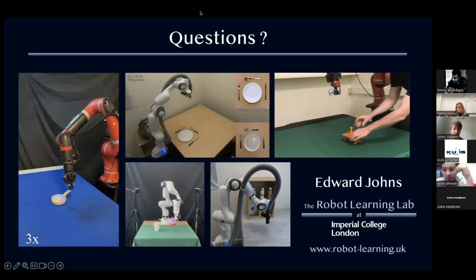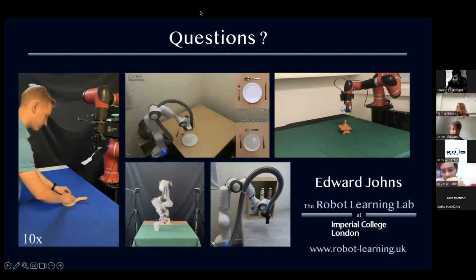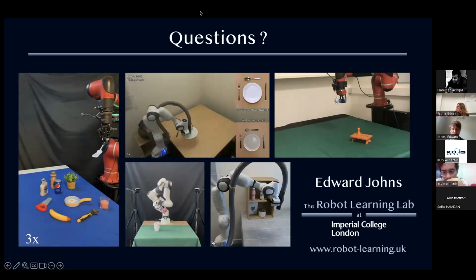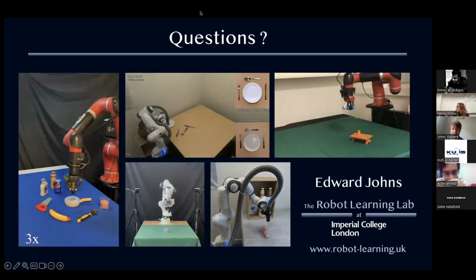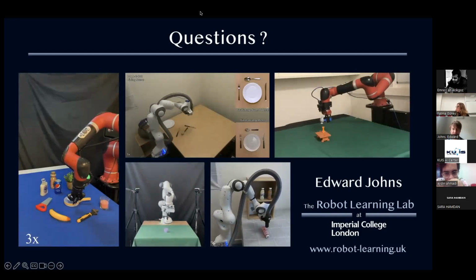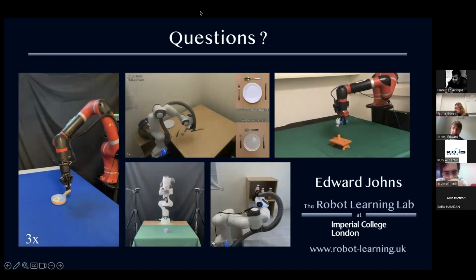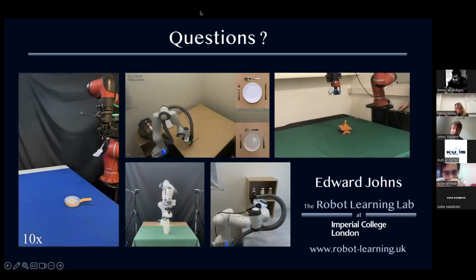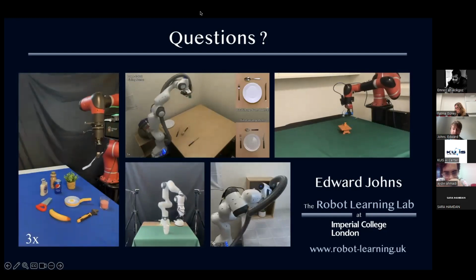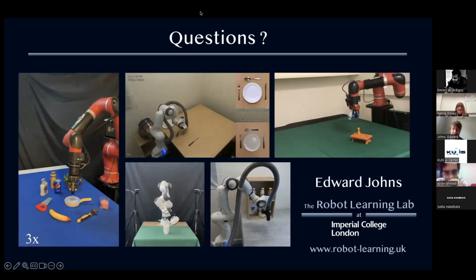So for example, let's look at the video on the left, scooping the egg. If we reduce the state space down such that it was just a single pixel in the image showing where the pan is, that isn't sufficient, because then you don't know the orientation of the pan. So there's a few ways that you can do this.